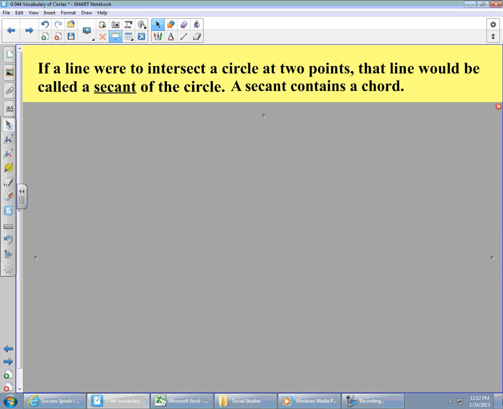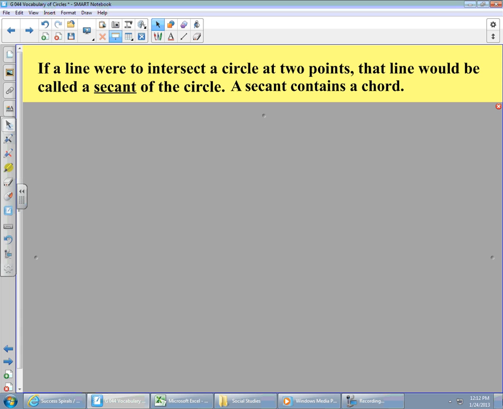And secant is a word that we have not discussed. But back in the fall semester, we talked about the primary trigonometric functions, sine, cosine, and tangent. What we did not discuss, and we won't talk about it any more than this moment, is that there are also three secondary trigonometric functions, which are secant, cosecant, and cotangent.